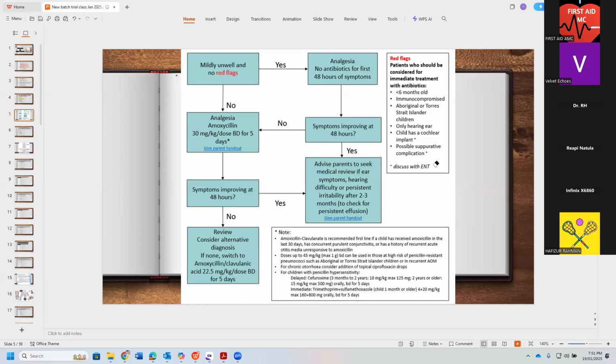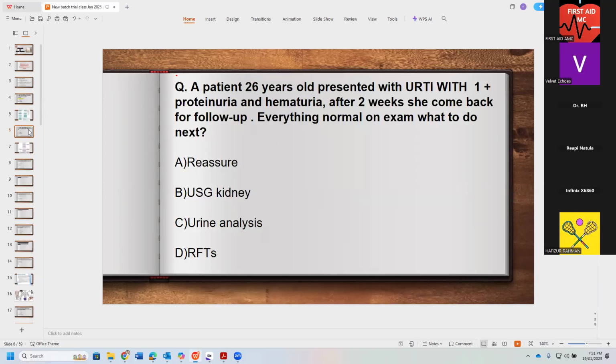Then we have to opportunistically give them antibiotics to prevent complications, because complications happen a lot in their community as well. So to prevent deafness or chronic otitis media, we will give them antibiotics to prevent those complications in future. Is it clear, guys? Yes. So in case of Aboriginal, go for antibiotics straight away.